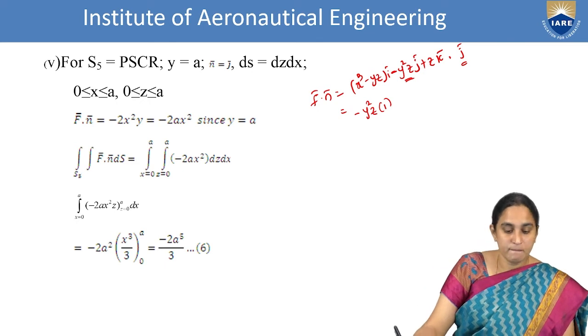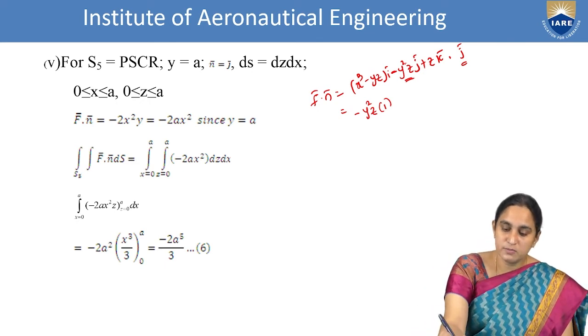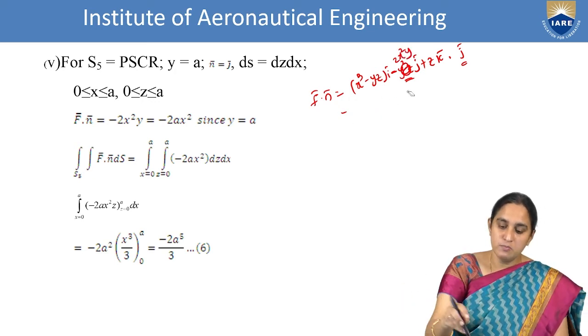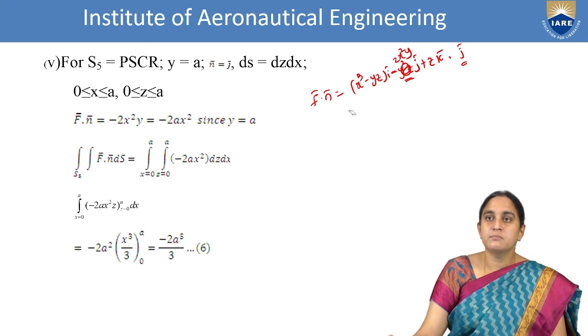Wait, okay, here it is not y square z here 2x square y. Sorry, here for the question x cube minus yz into I bar minus j bar coefficient is minus 2x square y plus z into k bar dot j bar.